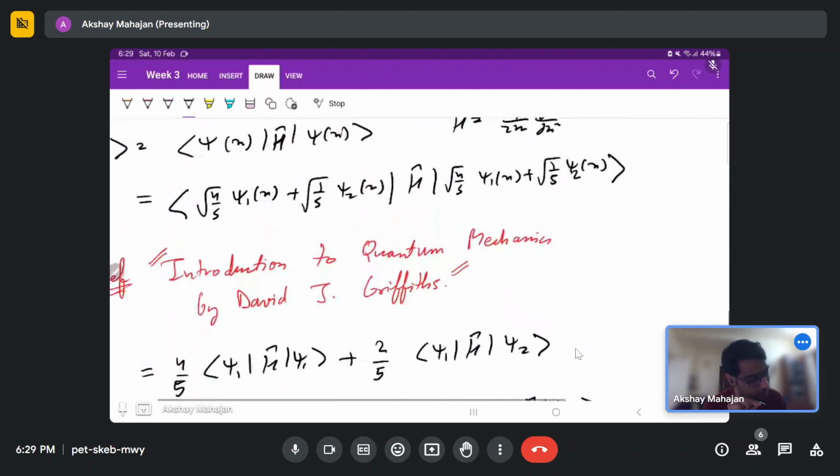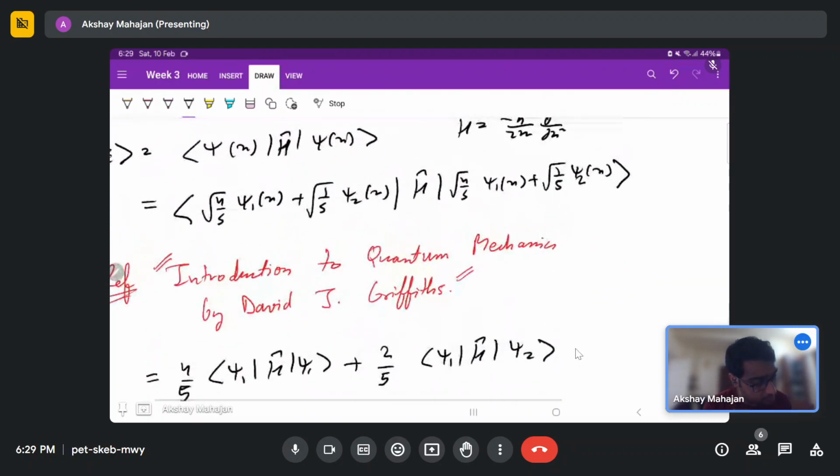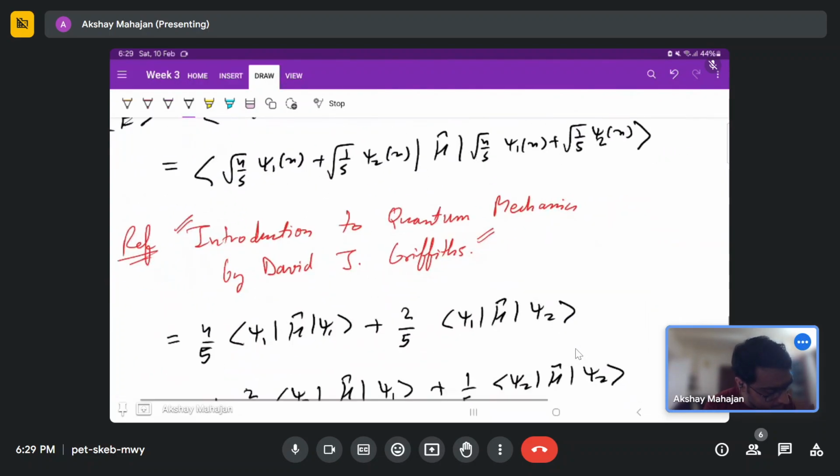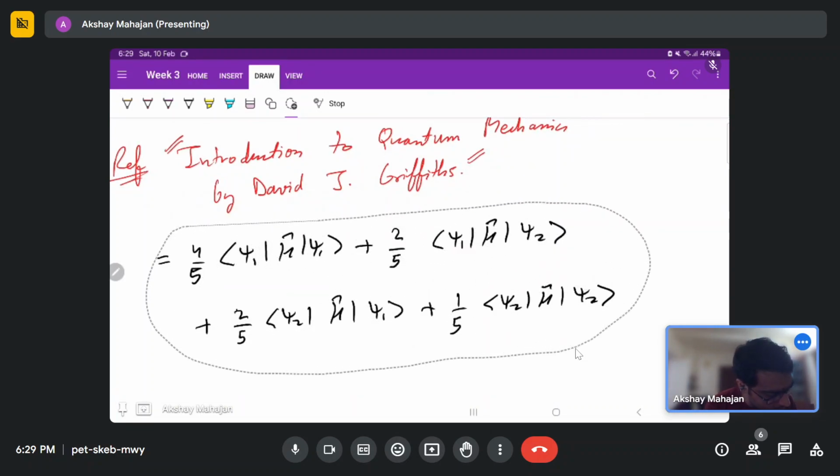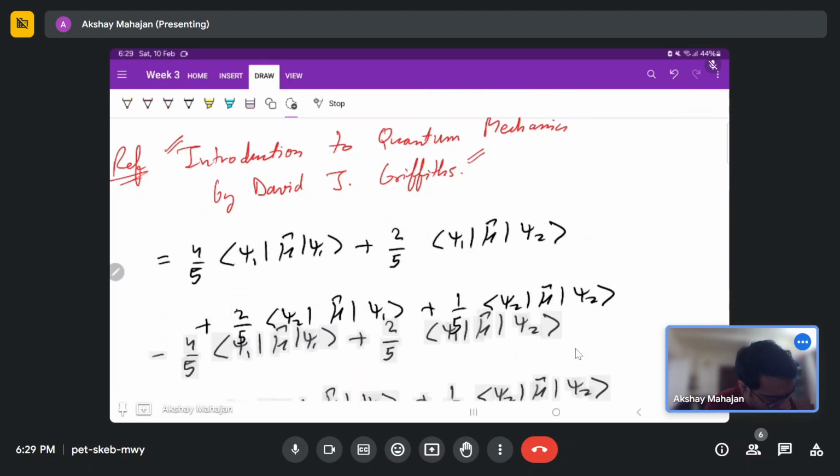Basically what I have written directly, maybe I should not skip that step. I should write it in a proper manner.